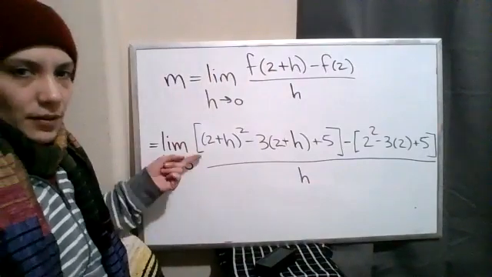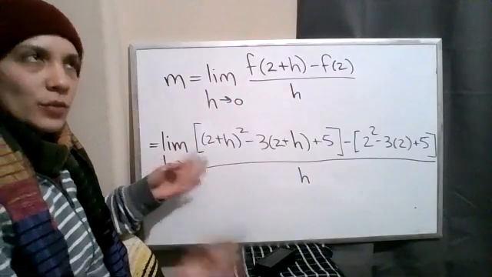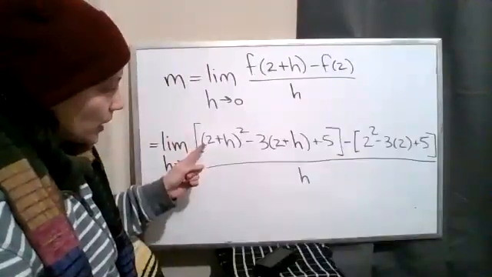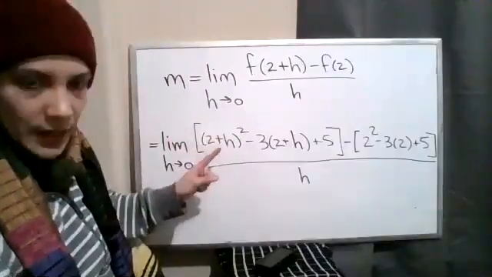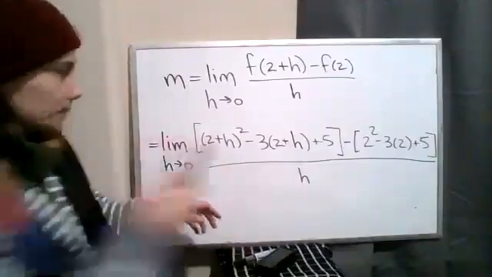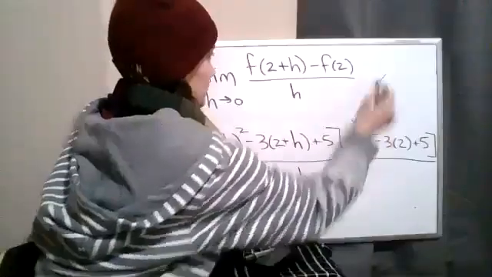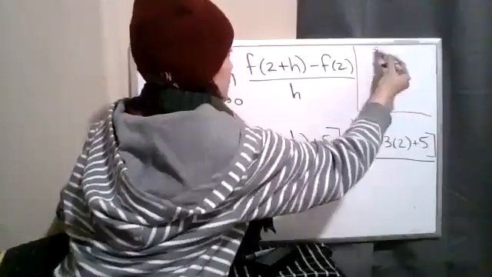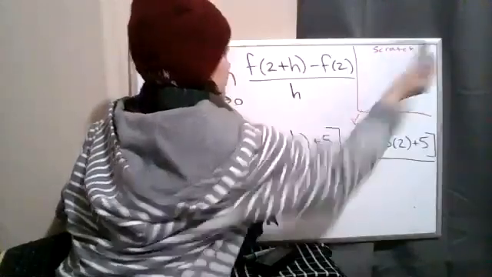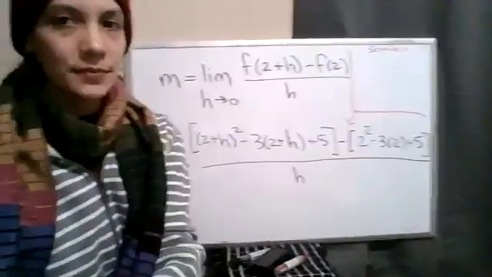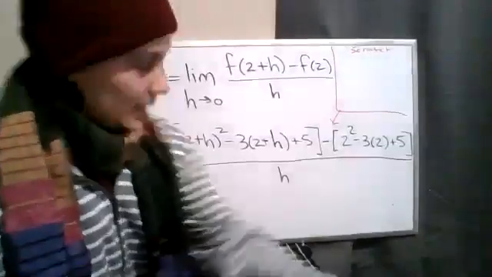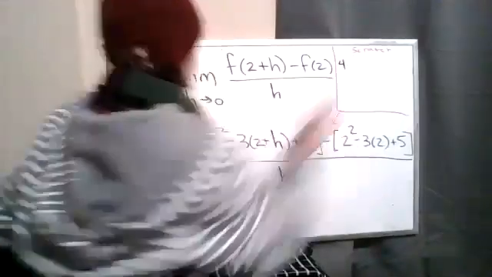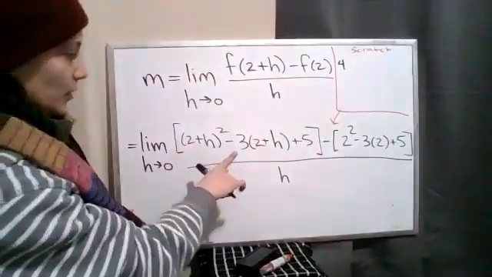Okay, so again, multiply to get 4 plus 4h plus h squared. We'll do that on the side. All right. 4 plus 4h plus h squared.